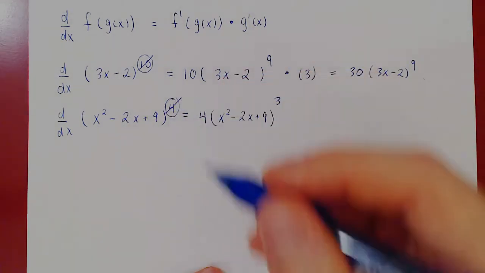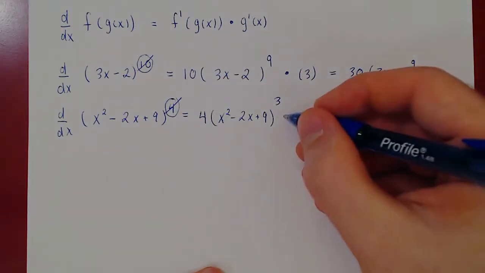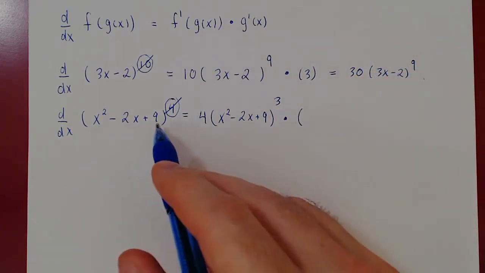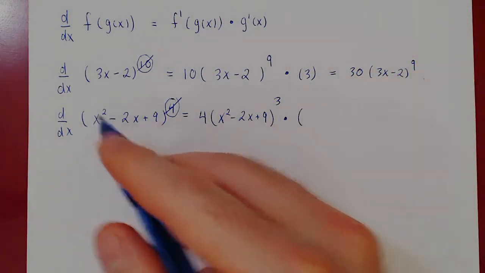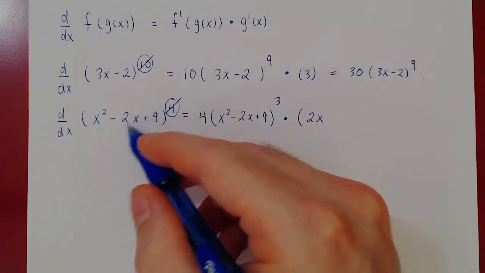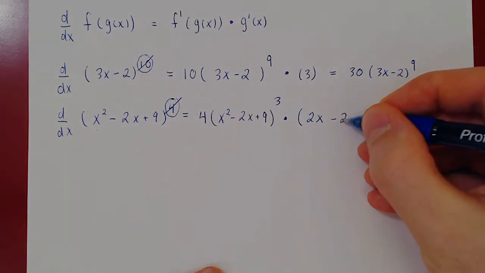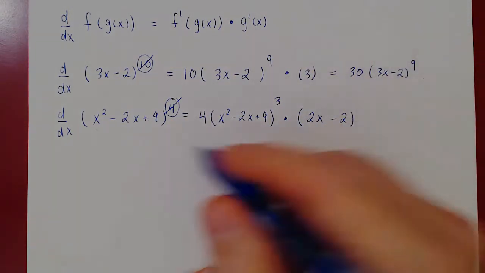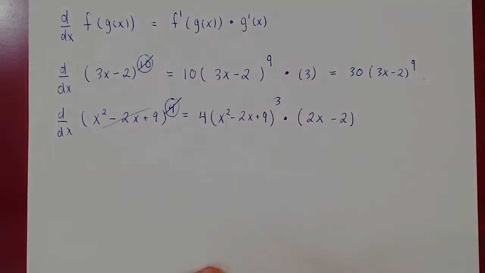That takes care of the outside function, times the derivative of the inside function. And the derivative here is the derivative of x squared, 2x, minus the derivative of 2x, which is negative 2, plus the derivative of 9, which is 0. And that takes care of what's left over.